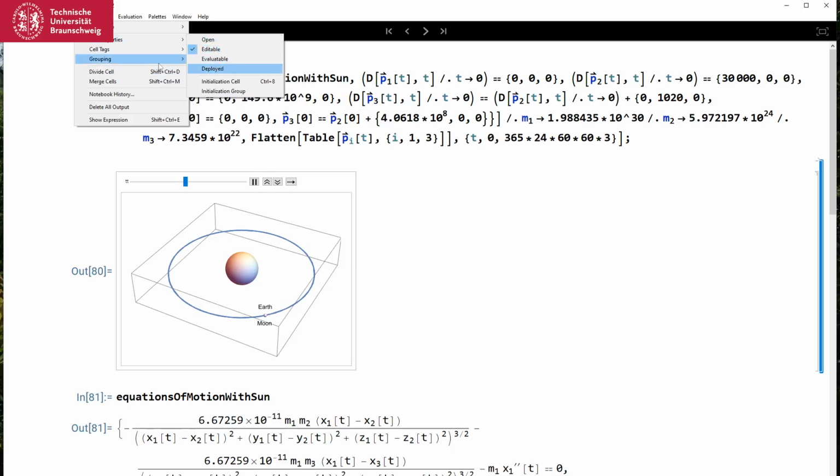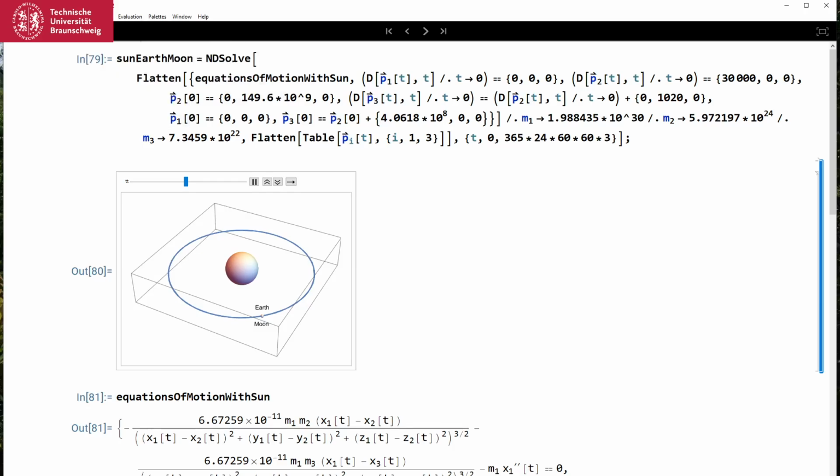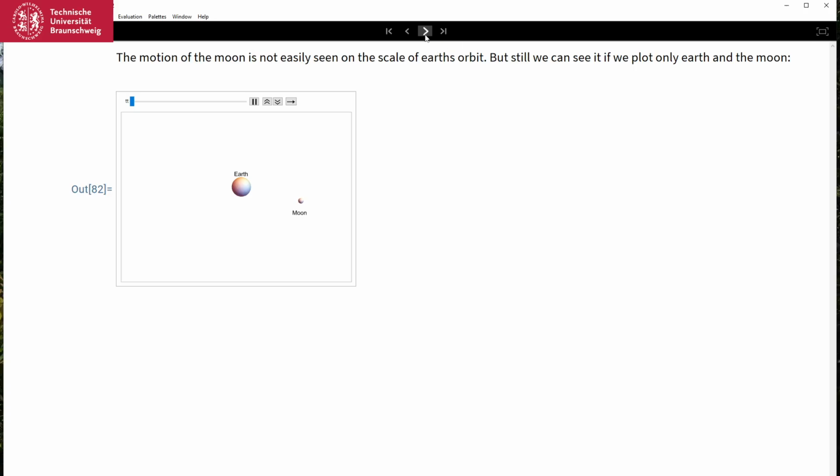I'm actually hiding the program by keeping this cell closed. If you want to know how it's done, you have to find out how to open it. So the same thing here.